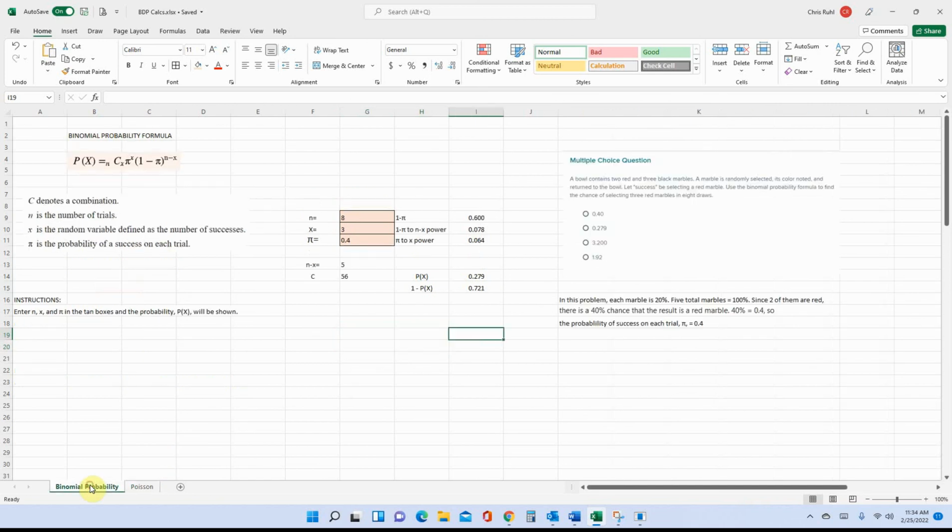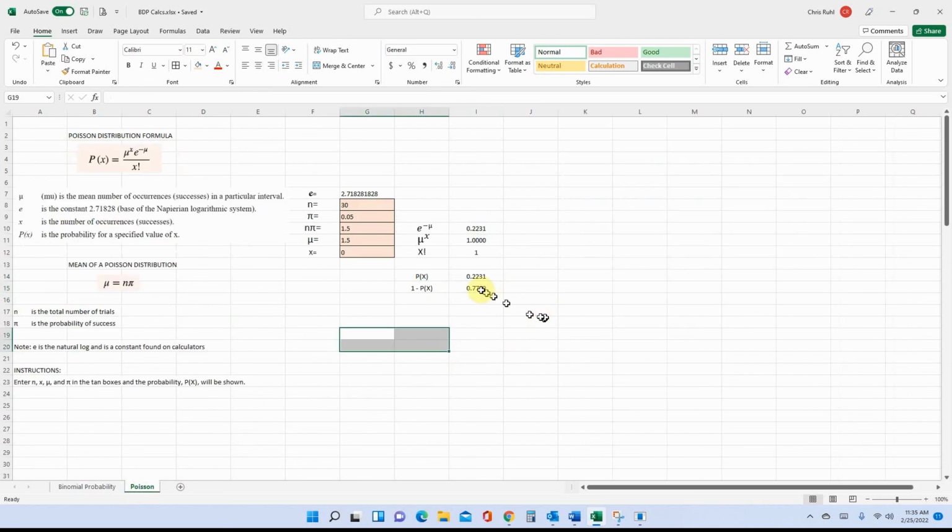What if I do this over here? N is 30, pi is 0.05, and x is 0. So we use the binomial probability formula, and we come up with a 78.5% chance of no hurricane hitting the island.